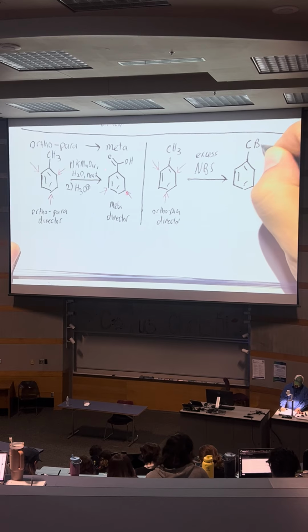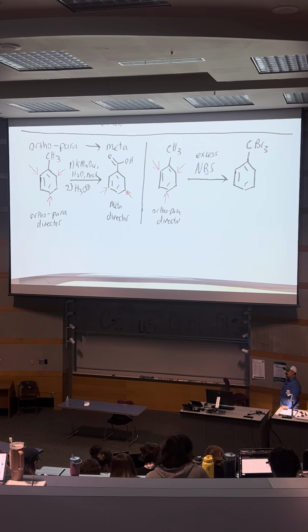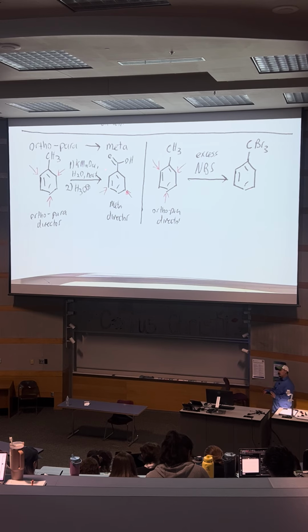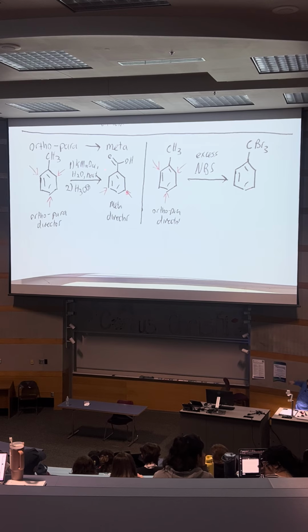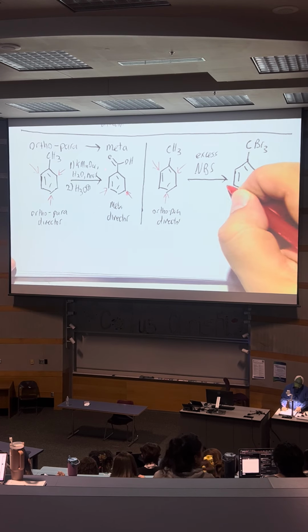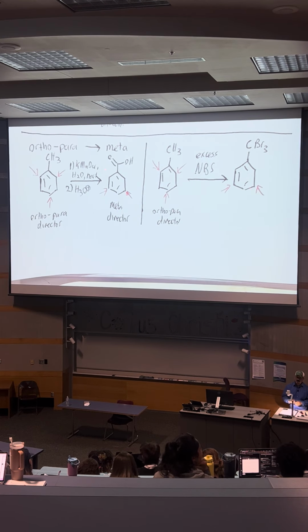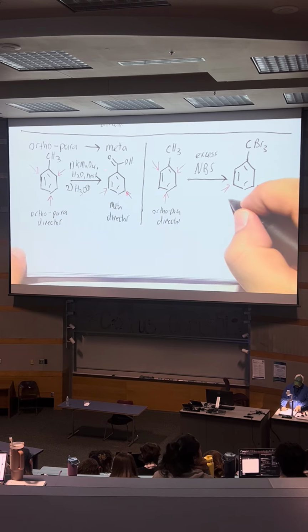So if you have hydrogens at the benzylic position, which this one has 3, meaning methyl, you can brominate it up to 3 times. And remember, this was a reaction I went over, I did this in grad school. I had to follow it for 18 hours to get it to put just 1 bromine. If you let it go, it propagates, and you can basically brominate all 3, pull off all 3 hydrogens, put 3 bromines there. And now that you do that, this is the case where we now have strong electron withdrawing, and this effectively is now a meta director.